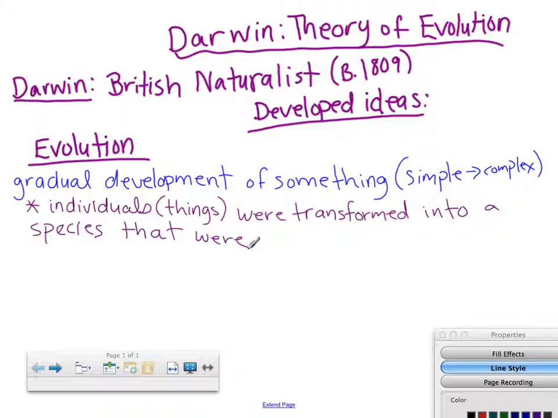The same? Different? Than their ancestors.